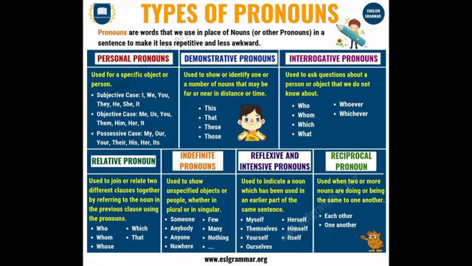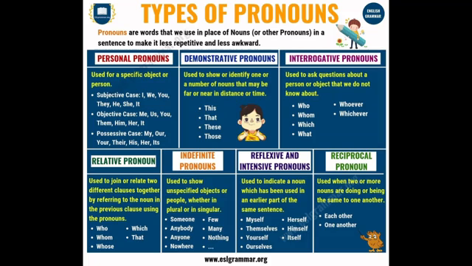Then the demonstrative pronoun, which is used to show or identify one or a number of nouns that may be far or near in distance or time. For example, this, that, these, those.